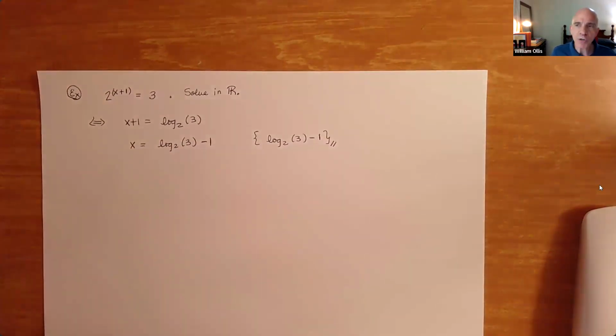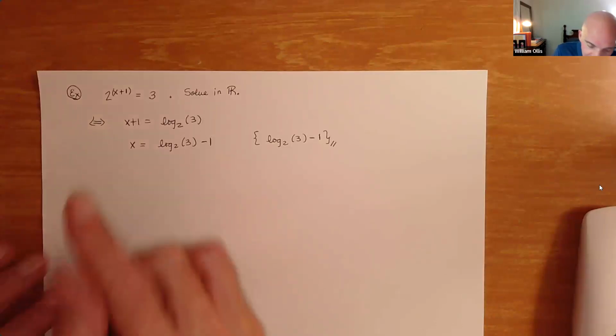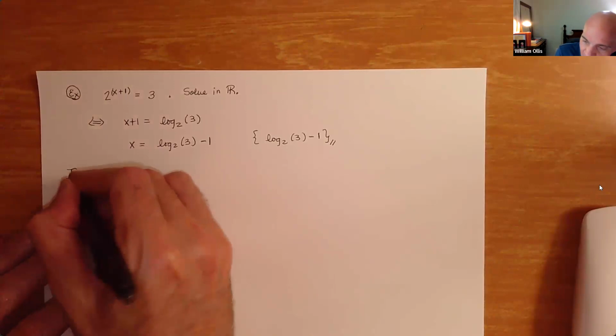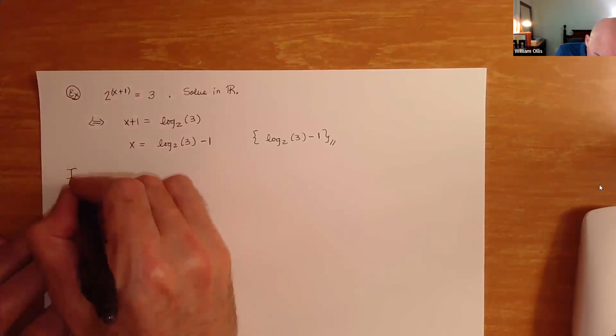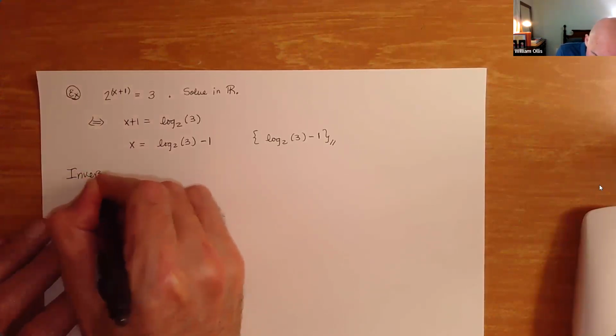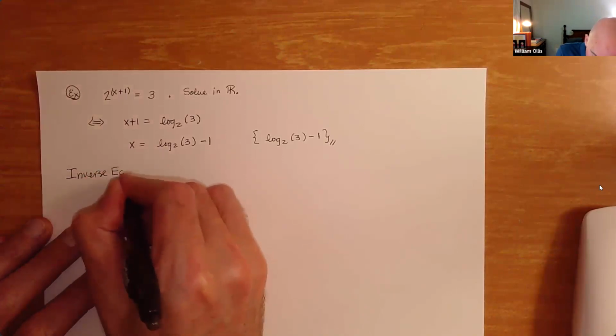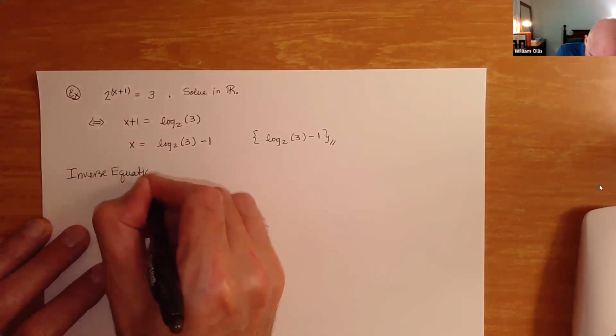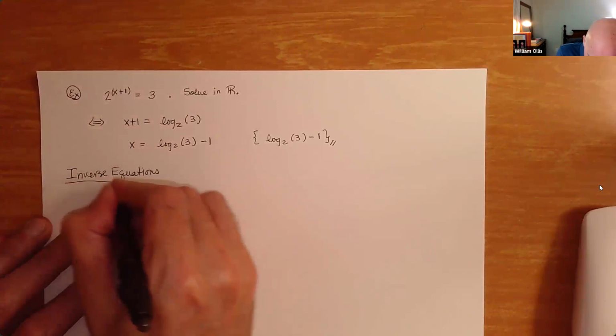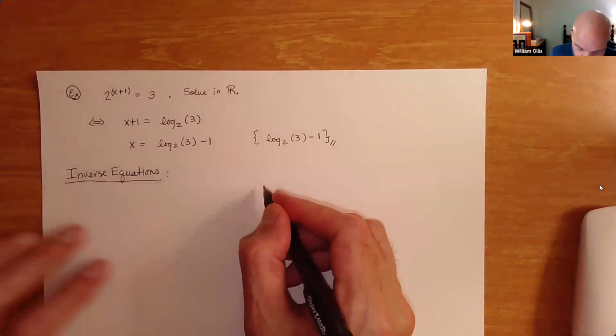Now, one thing that you might be thinking about is the fact that if the base A exponential and the base A logarithm are inverses, we get inverse equations. So let me write those down. So in this case, inverse equations, like we wrote down with the 1-to-1. So let's do it.